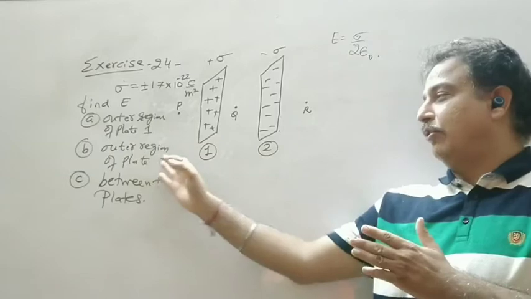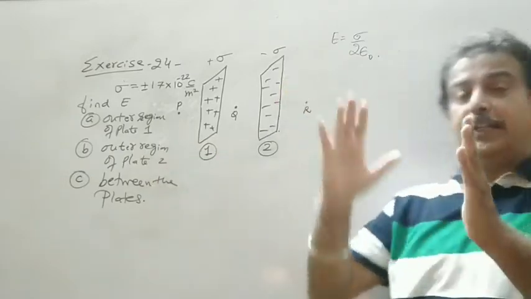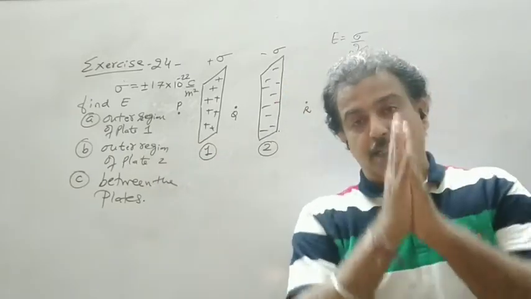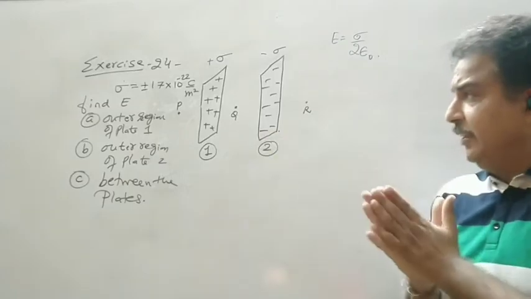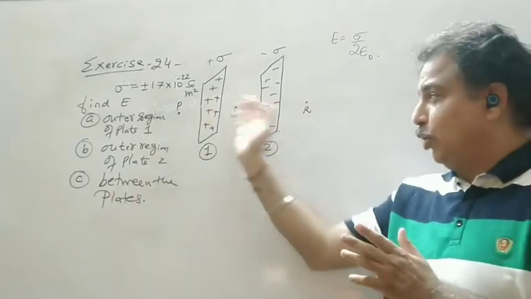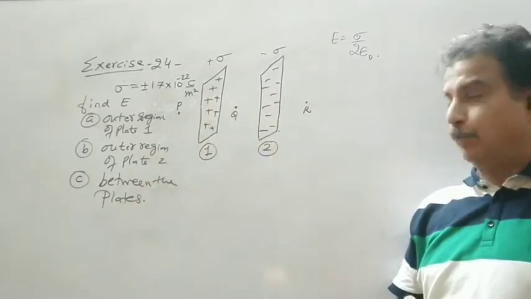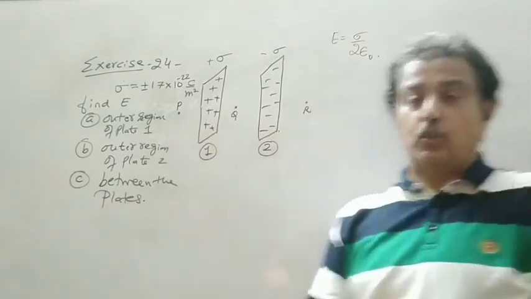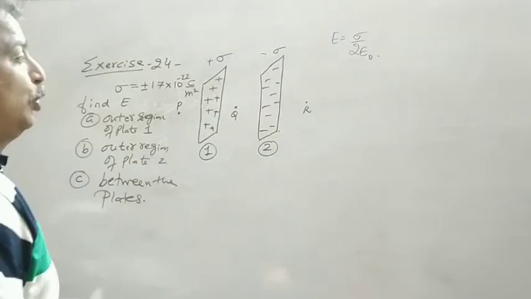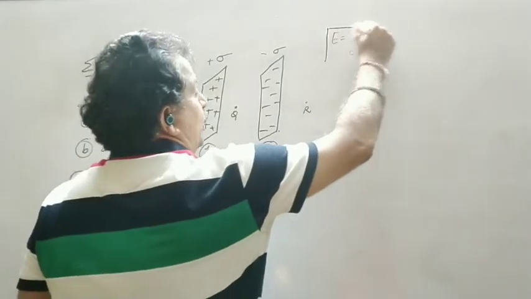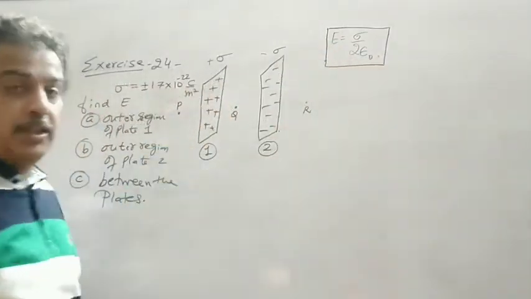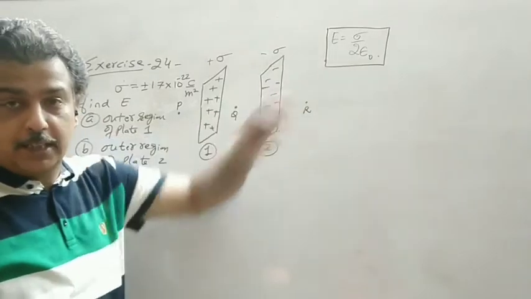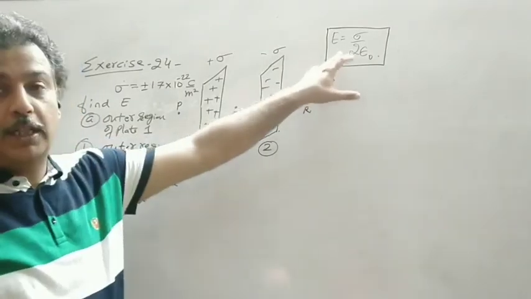Now, even if the plate is charged on both sides, positively charged on both sides, and this is negatively charged on both sides, what was the important conclusion of this derivation? It does not depend on distance.